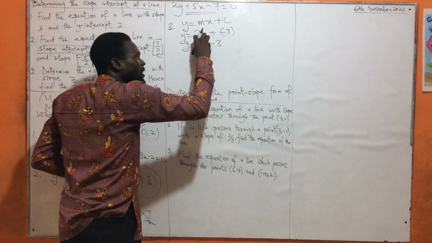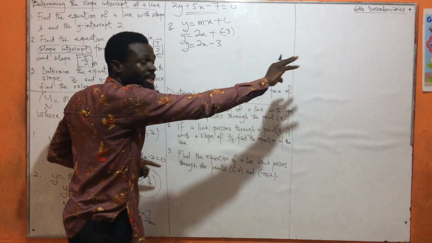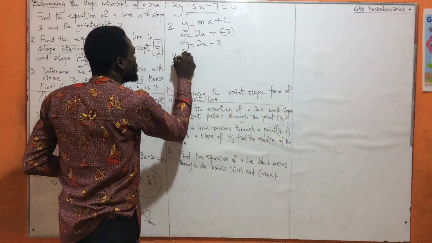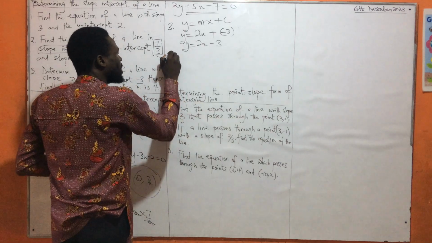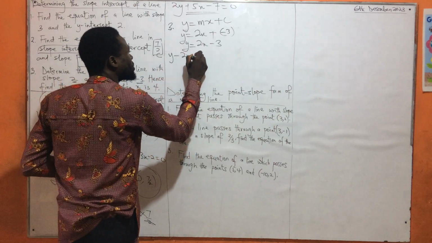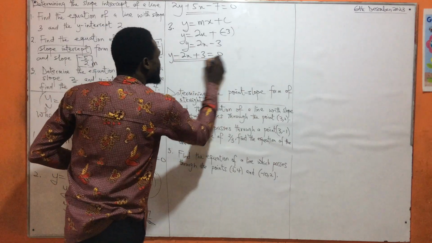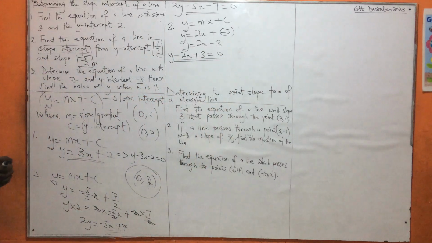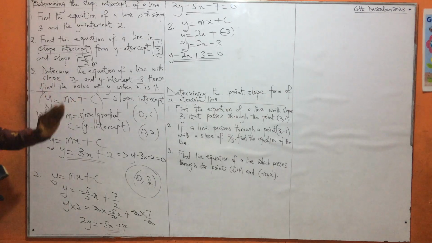I'll take this to the other side, this to the other side, and equate it to 0. So we have y minus 2x plus 3 equals 0. And this becomes the equation of the line.